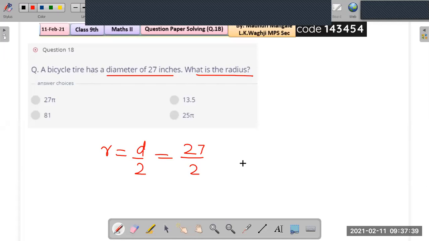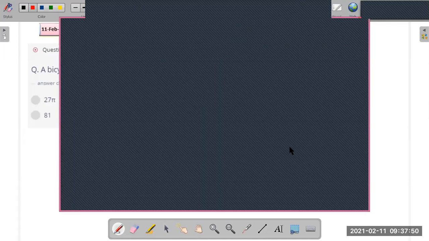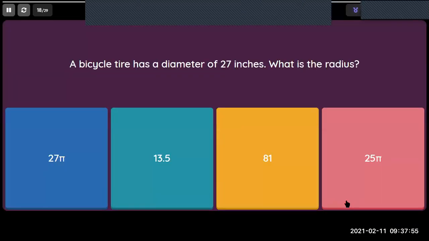The question is on the quiz now. What is the radius? Half of the diameter is radius and 27 is the diameter in this case. So what is half of 27? As simple as that.